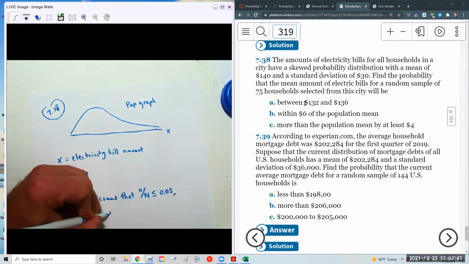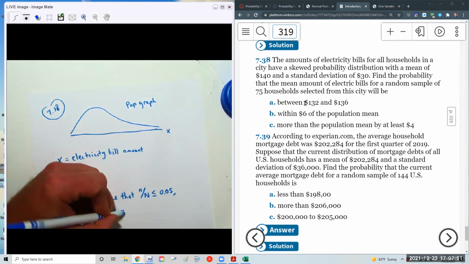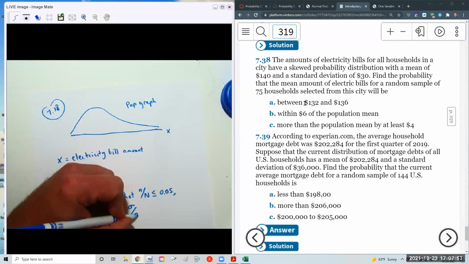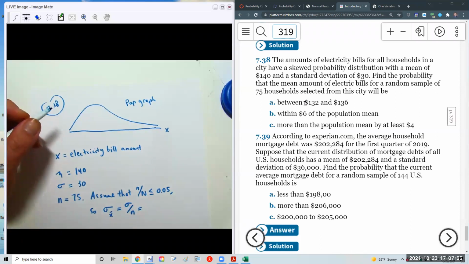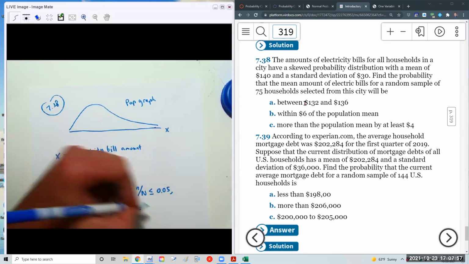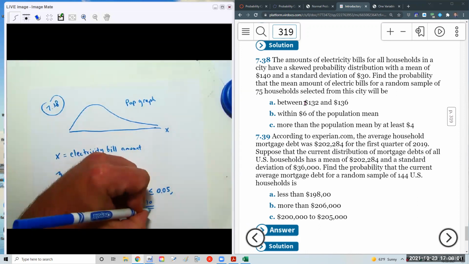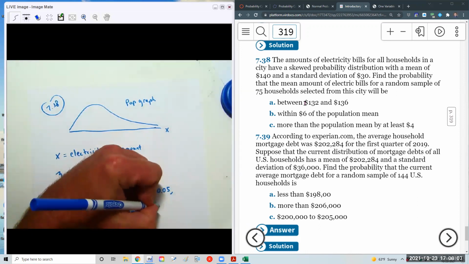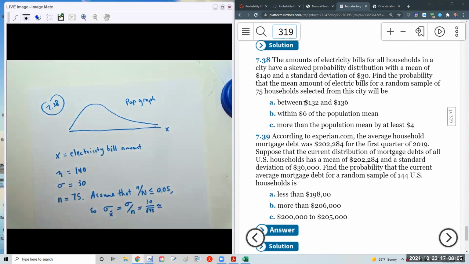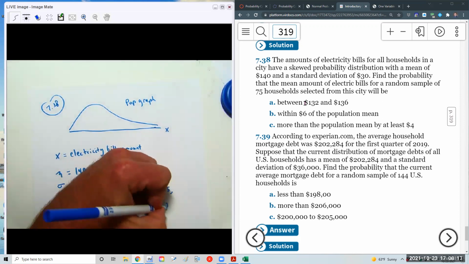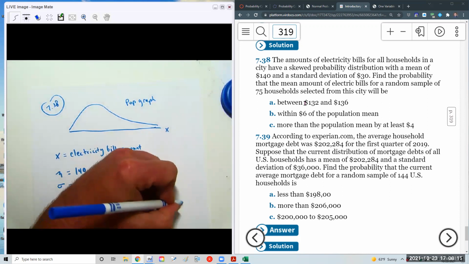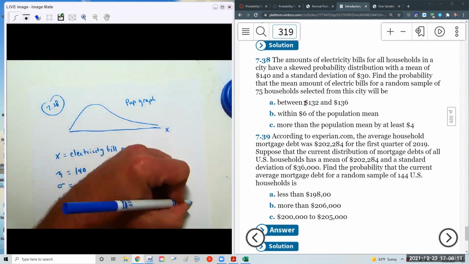So sigma sub x bar will be sigma divided by square root n, which in this case will be 30 divided by the square root of 75. Let's get a value for that. We're getting this is about 3.464101.